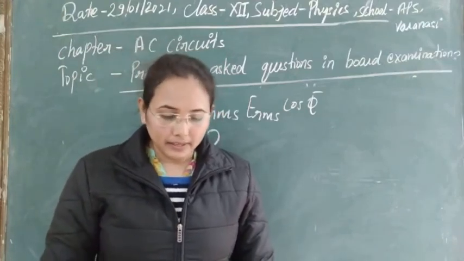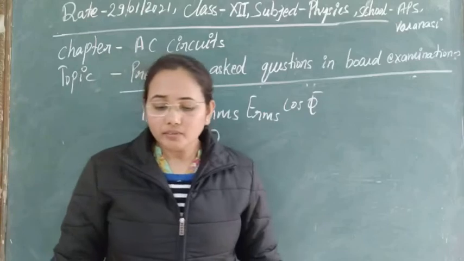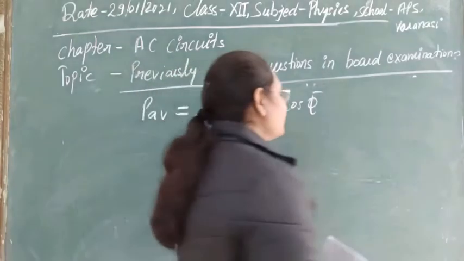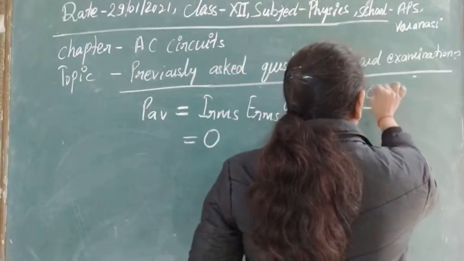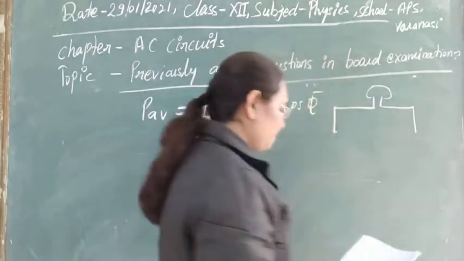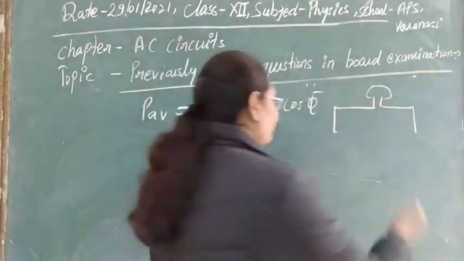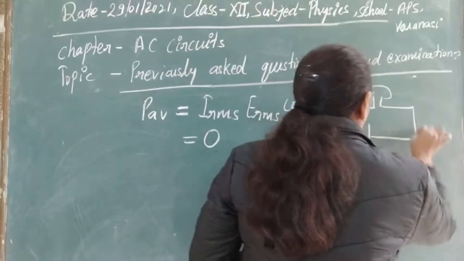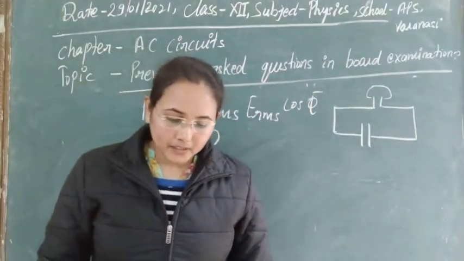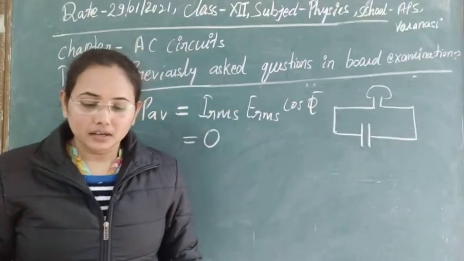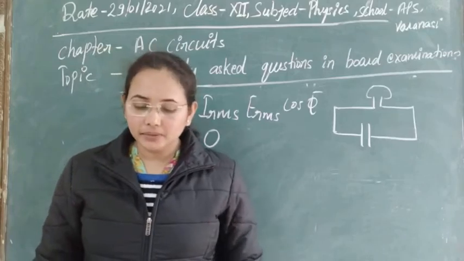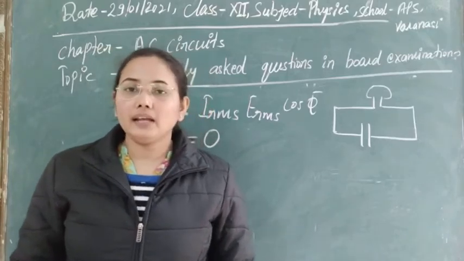Clear? The next question is that a lamp is connected in series with a capacitor. Suppose we have a lamp connected in series with a capacitor, and this is the circuit we have. Predict your observation when the system is connected first across a DC source, then to an AC source.